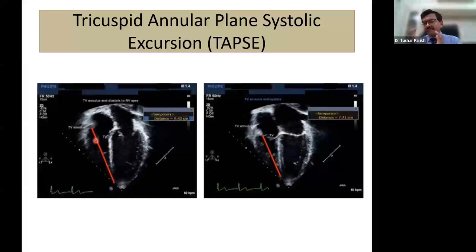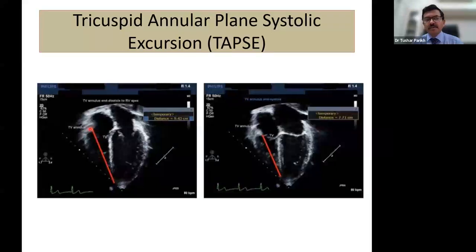As against the left side of the heart, where the fibers are circumferential, in the right ventricle the fibers run from the tricuspid annulus towards the apex, and then they contract towards each other. Therefore, one of the good methods of finding out whether right ventricular contractility is good or not is TAPSE, that is tricuspid annular plane systolic excursion.